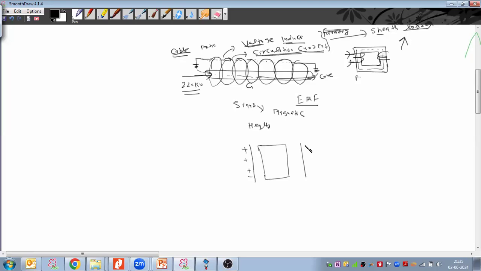But again, here the charge is inducing, which is the capacitance. So it is also capacitance. There are two metallic parts between which you have the insulation, right? Same as in your transformer, there are no electrical connections, yet voltage is induced. It's clear.